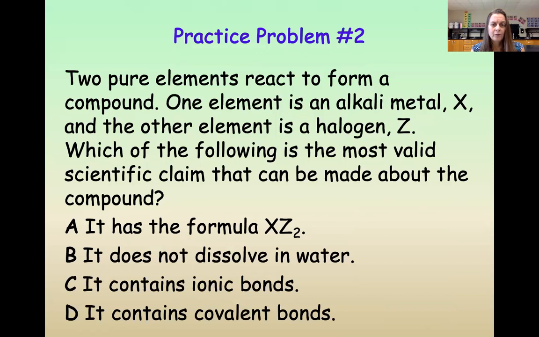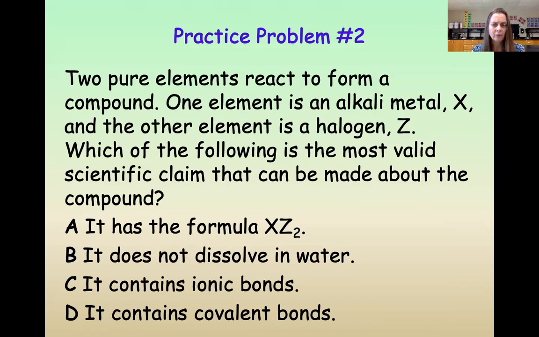All right, two pure elements react to form a compound. One is an alkali metal and the other is a halogen. Which claim can we make about this compound? It has the formula XZ2. Well, we know if it's an alkali metal, it's going to form a +1 ion. And if it's a halogen, it's going to form a -1 ion. So these should be in a 1-to-1 relationship, so that would not be XZ2. It does not dissolve in water.